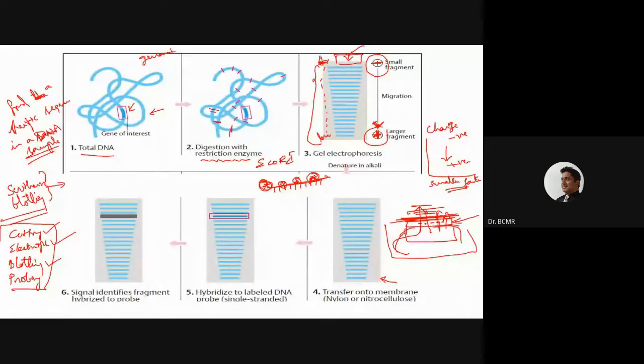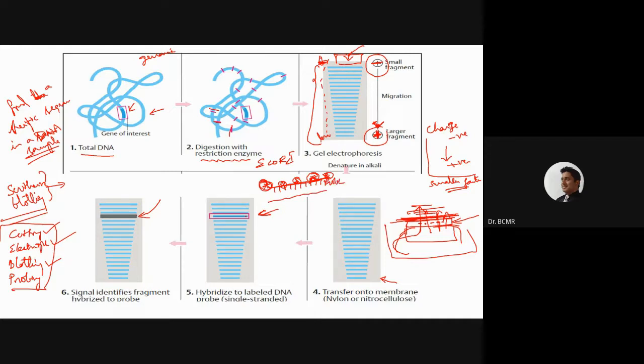Okay, like this. And when you add it, it is going to bind to the region or sequence wherever it is present and not to the others. When you develop the autoradiography, it will show up as a single band like this. That means if there is a band in one particular location, in that location there is complementarity to the sequence of the probe that we have added.